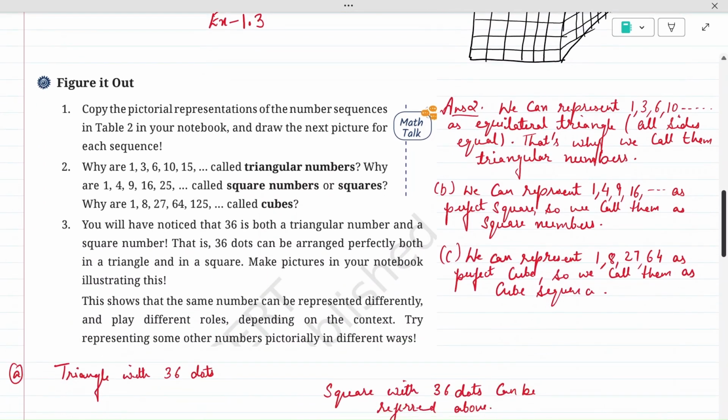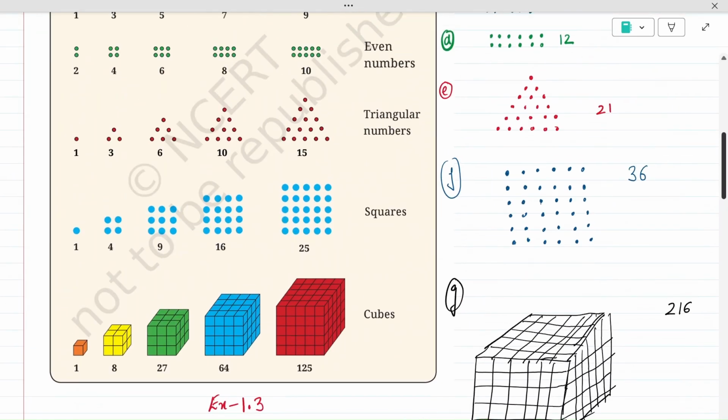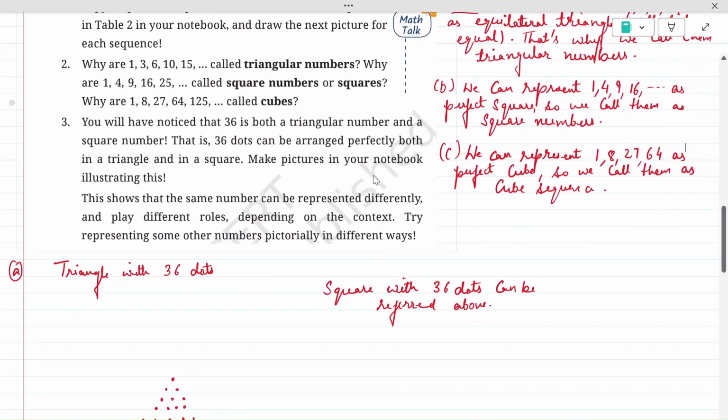Then we have learned how we can represent one number in different forms, like we took 36 and we have drawn 36 as a square in the above sequence. Here we have done it as a square, and also we have represented 36 as a triangle here.